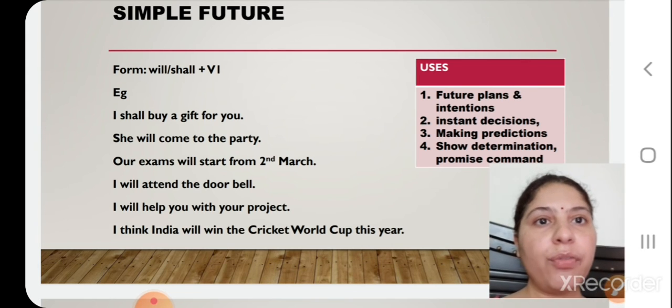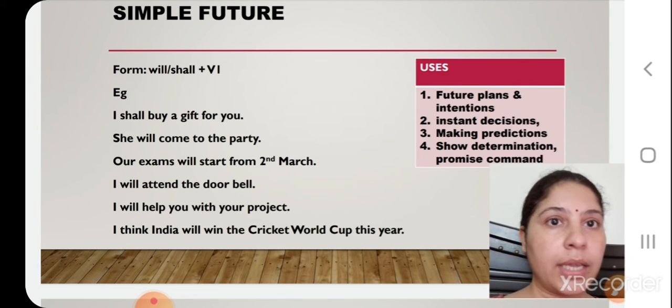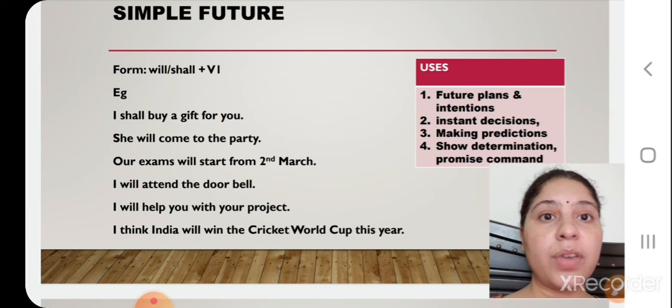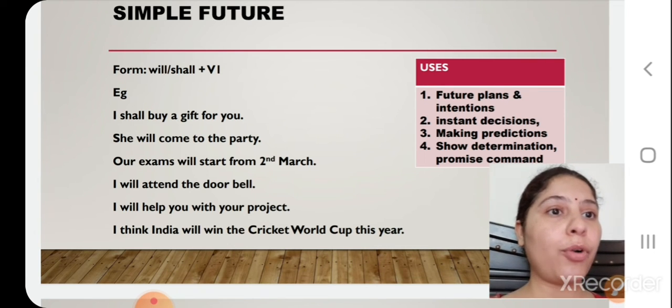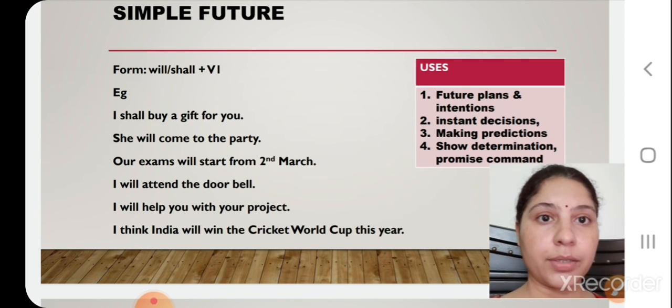And children, if we reverse this use, like with I we use will and with she we use shall, then it means the 4th point under uses. It shows determination, it shows promise, or it shows command.